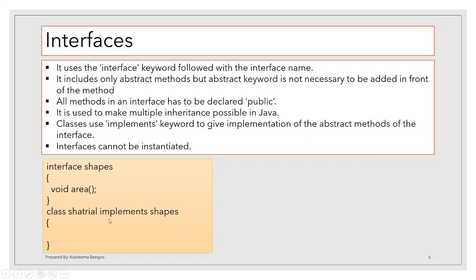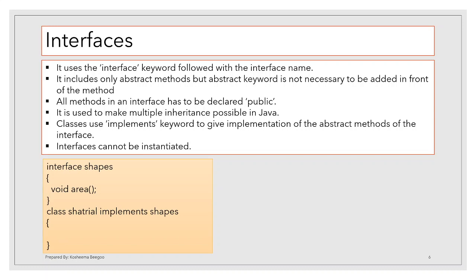A point to be noted is that a class has to implement it. It uses the keyword implements, and then we put the interface name after that. All methods like void area, here we're going to put public void area in the class implementing the interface.